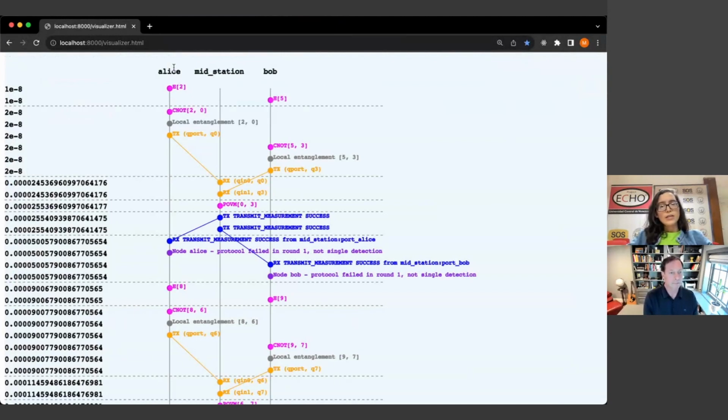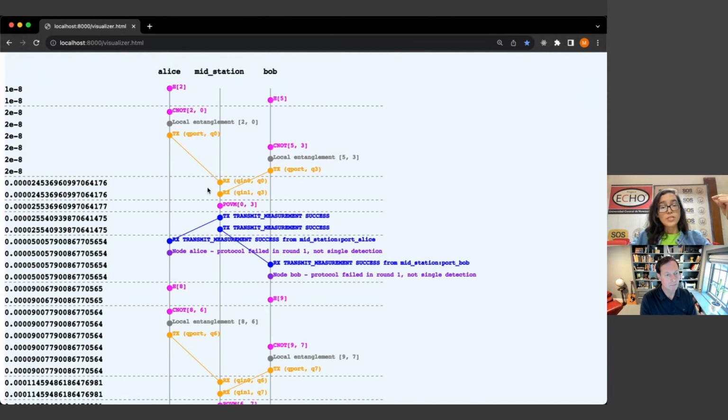So we're seeing Alice, the mid-station, and Bob in our visualization. And then, as expected, we see that both nodes apply certain operations to their local qubits, and they achieve local entanglement between them. And then they both send a qubit to the mid-station over the fiber.